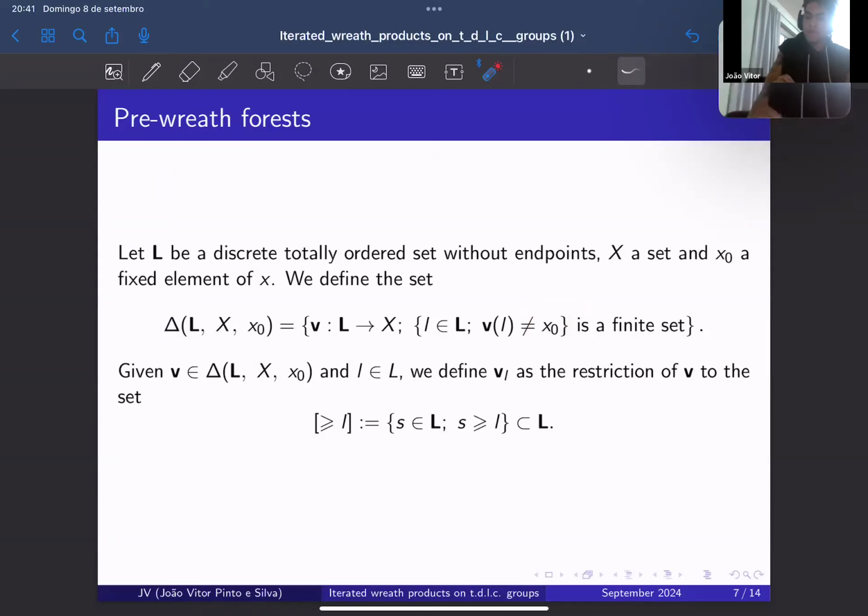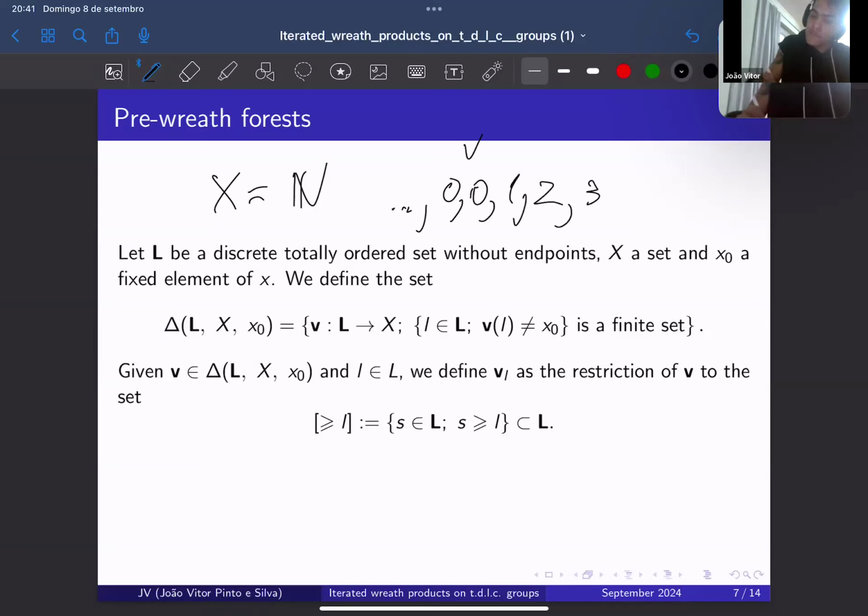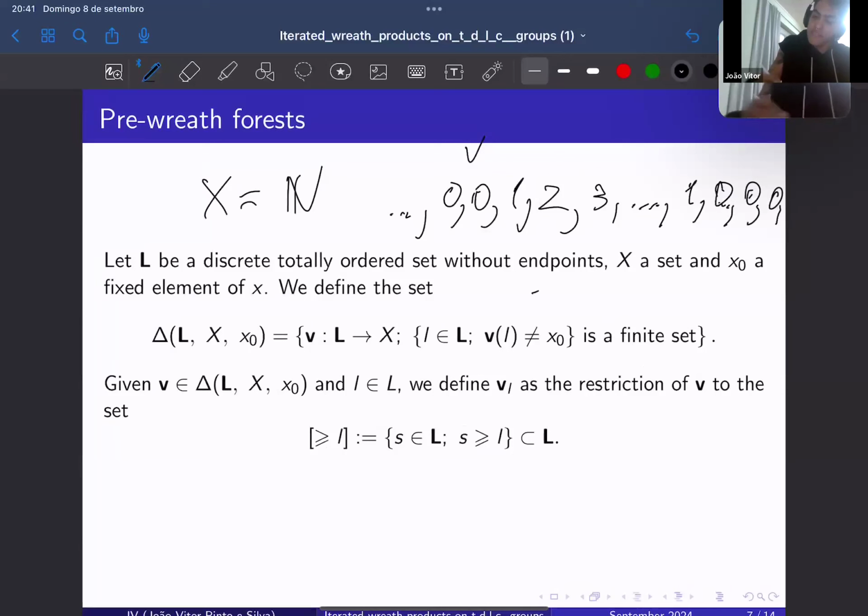Let's say that X is the natural numbers. And I want almost all the elements of V to be 0. I can have some numbers outside of 0, but almost all of them need to be 0. At some point, I will just have zeros all over if my x0 is equal to 0. And given V an element of this set, I will describe it as greater or equal to L.